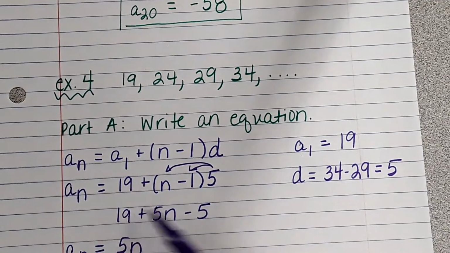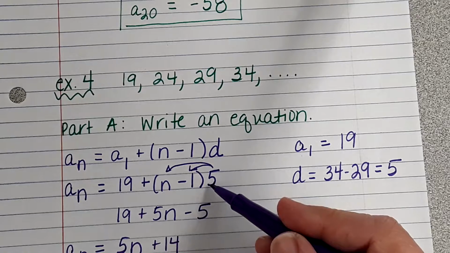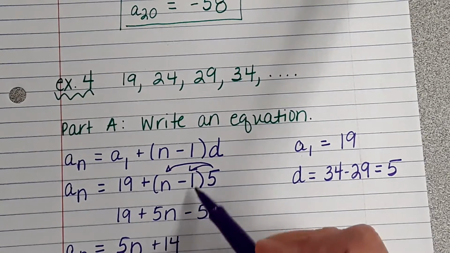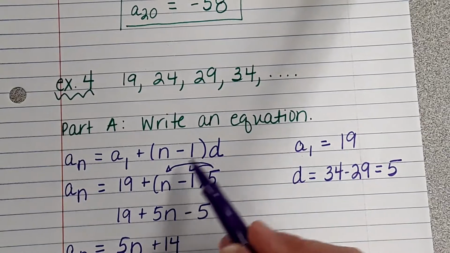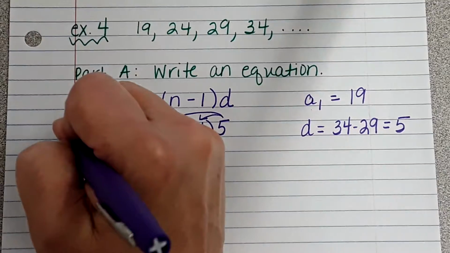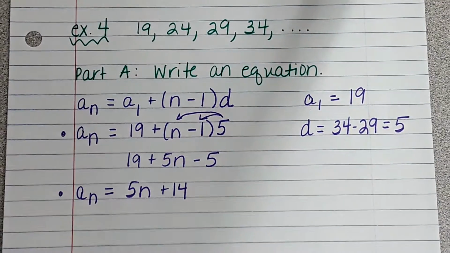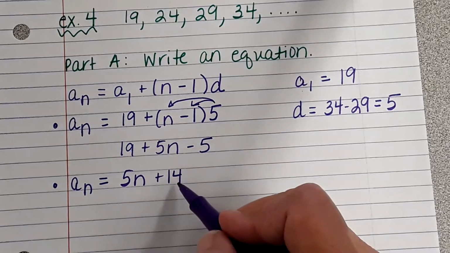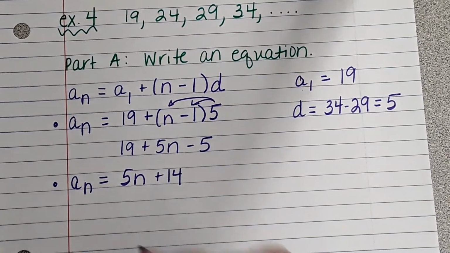And then what is 19 minus 5? So you might see it like this. There's nothing wrong with this equation. It's just that some people, when they write the equation, actually distribute. I would be happy with either one, okay? But remember, if it's multiple choice, they might give you this, which means you might need to work it out.